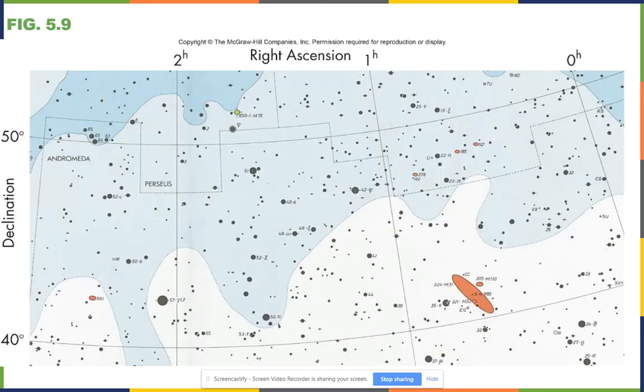So here is a picture of the sky. Right ascension. What's right ascension equivalent to on Earth? It's equivalent to longitude. Where do we measure it from?